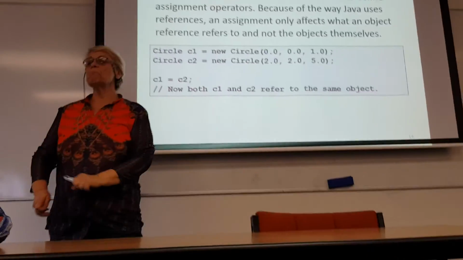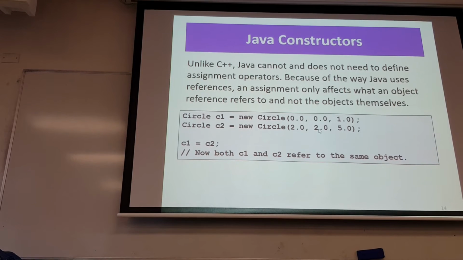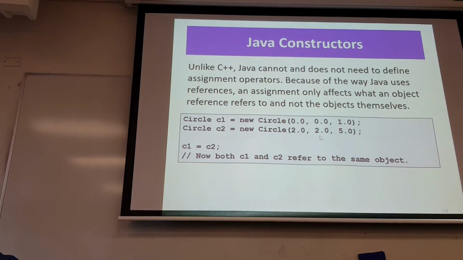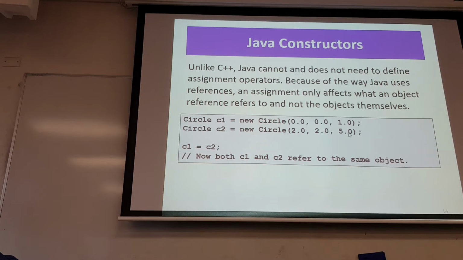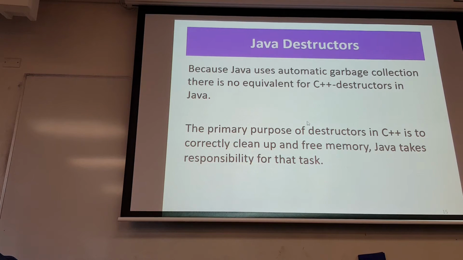So after the assignment, everything will point to a circle with these data members. And you can't change that behavior. You can, but where was it? Deep copying, you can perform something. You have to define a method.